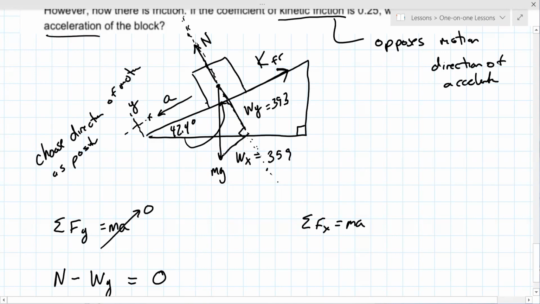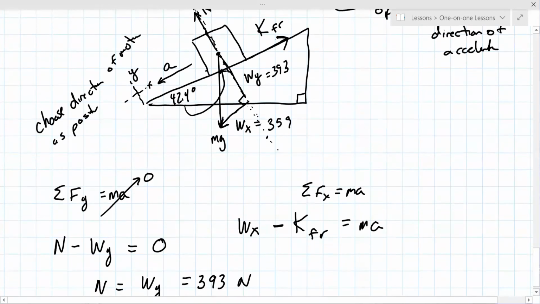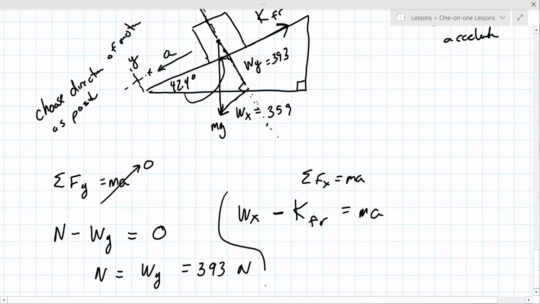So this weight in the x direction is positive, minus the kinetic friction in the other direction, going to the right, equals mass times acceleration.